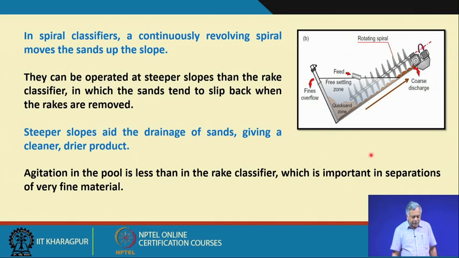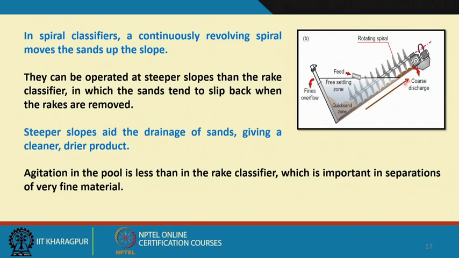So, in spiral classifiers, instead of a rake, we are using a spiral. The spiral is trying to transport your settled, relatively coarser material. Now, when you are having spirals, you can increase this gradient much more than with rakes; that is the mechanical aspect.